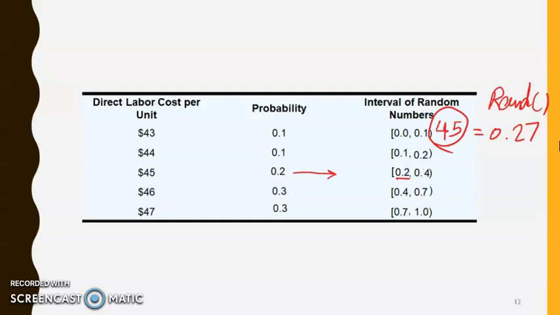Let's do another one. For example, we generate another random number and we get 0.97. We check and notice it belongs to this range, the range with probability of 0.3. So the associated value is 47. And like that, we continue.